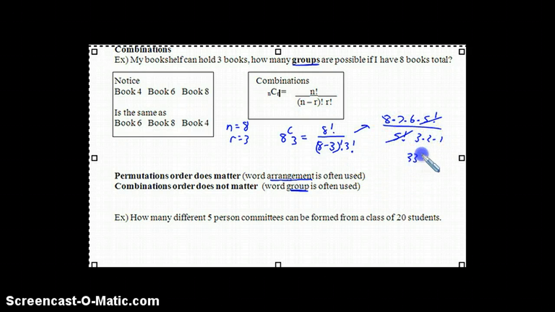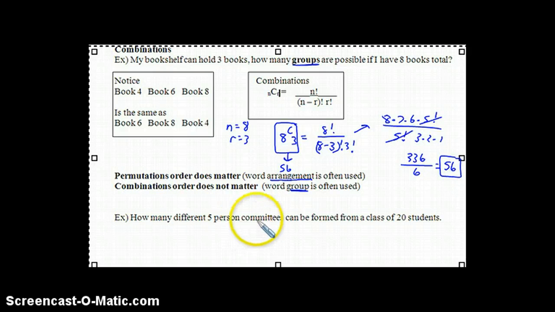So I get 336 divided by 6, which gives me 56 different groups of 3 of those books that I could take from the 8 total. If I wanted to, I could just type this right into the calculator and I can get the 56 also that way. I don't necessarily have to use the formula, I just showed you how to use the formula. So pay attention to whether order is important or not, and that will tell you if you use permutations or combinations.